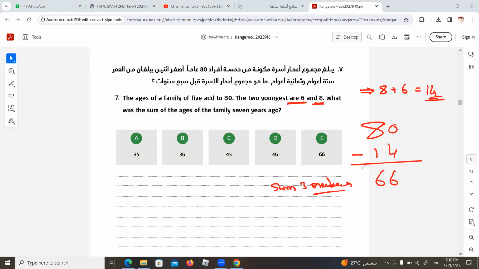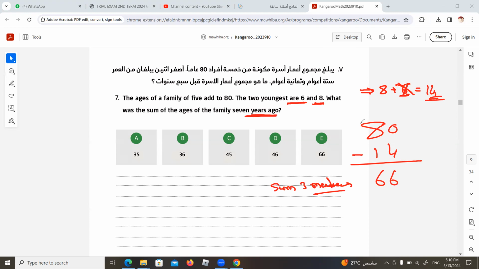If we subtract 7 years from each one, because we need their ages before 7 years. This one which has 6 years will be ignored, because it has only 6 years, and I need 7 years ago.